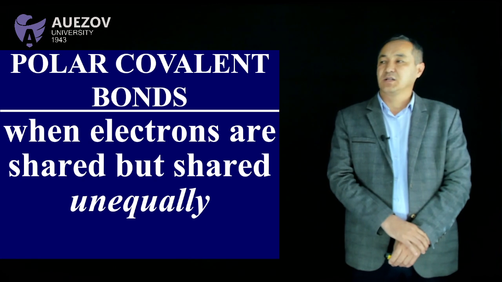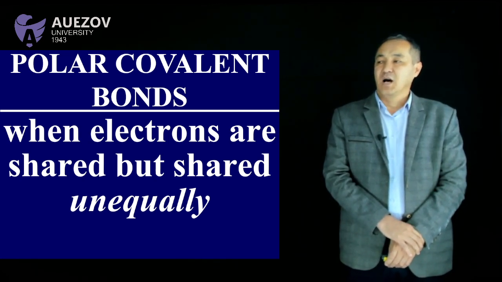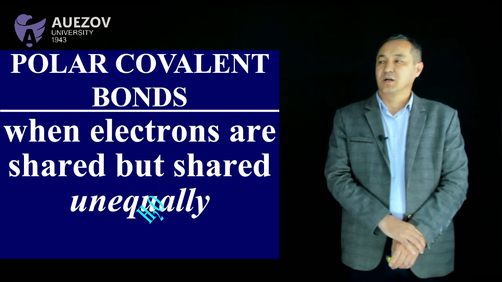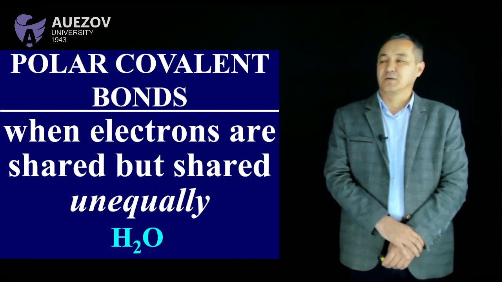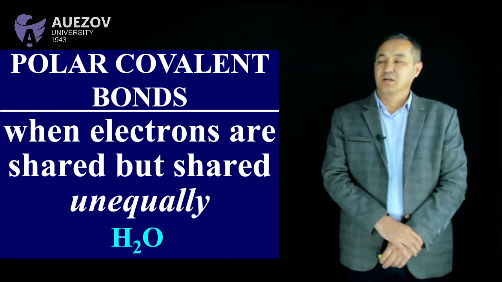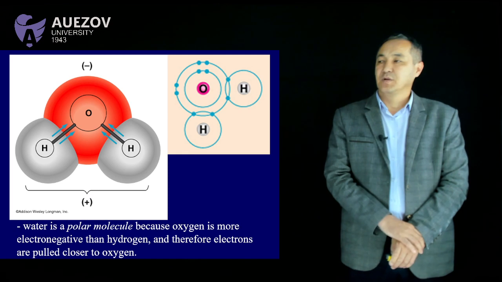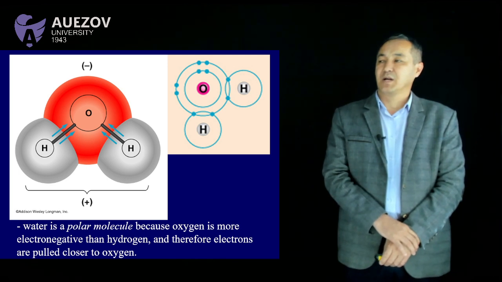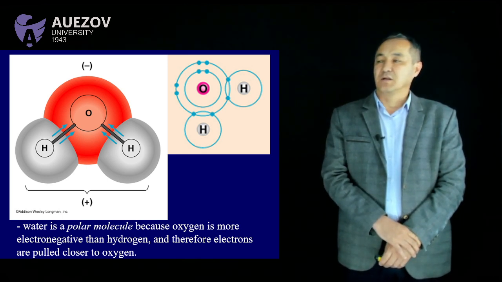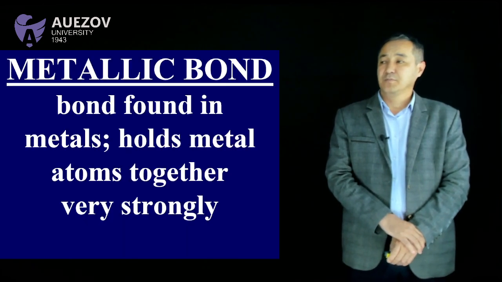Polar covalent bonding is when electrons are shared, but shared unequally. For example, we can take the water molecule. On the slide, we can see the mechanism of forming a water molecule.